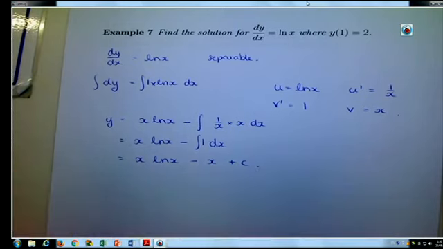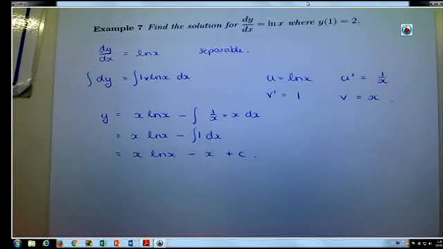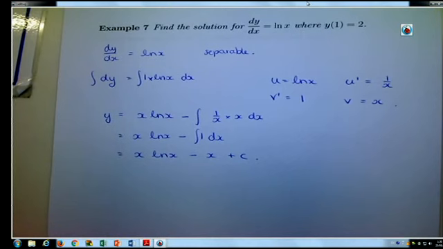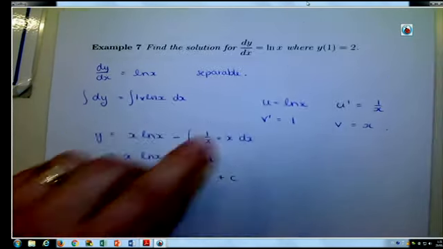When you've done your last integral, then you can add your plus c. Okay, there you go. So that's how you integrate log. That's the integral of log.